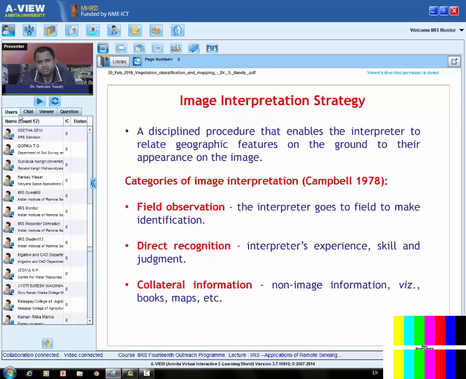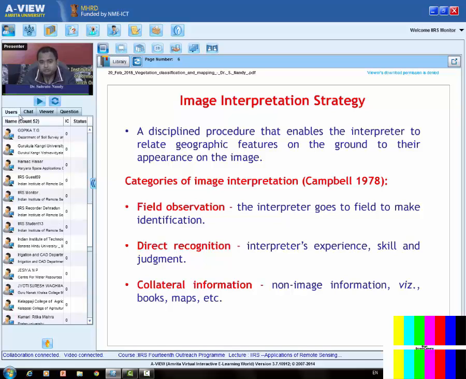So many categories of image interpretation are there. So one is field observation. The interpreter should identify the same objects which are visible on the image on the ground to relate what exactly it is. And then one more thing is direct recognition. If you are very experienced and your knowledge about a certain area is vast, you can directly recognize many things.